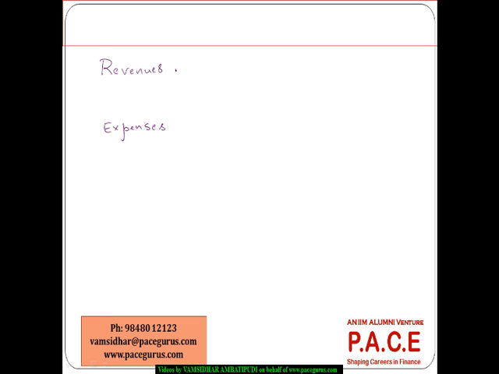Revenues are whatever came from the sale of goods and services, the amounts the company has obtained from the sale of goods and services which are part of the normal operations of the business. So for an automobile company, the amount obtained from the sale of cars typically goes as a part of the revenues.